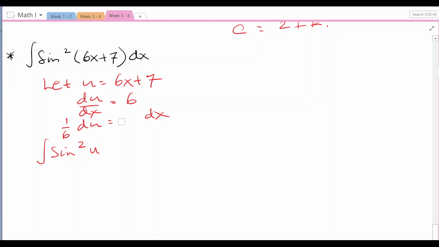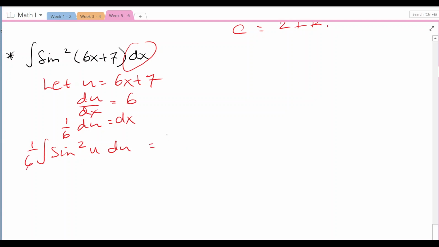So let me write down here, dx equals 1 over 6 du. Now we know that dx in this original equation can be replaced with 1 over 6 du. So we get the du over there and then 1 over 6 out.